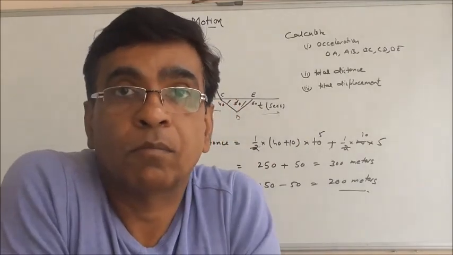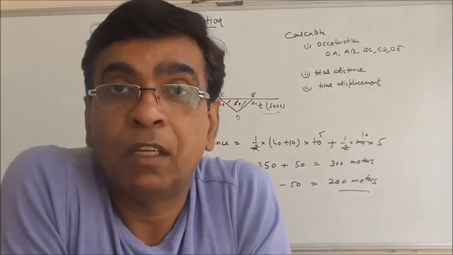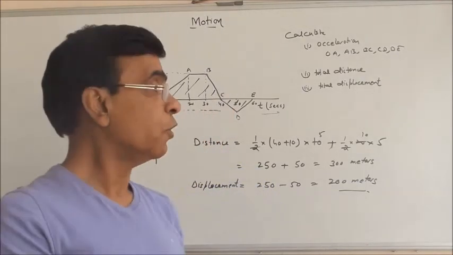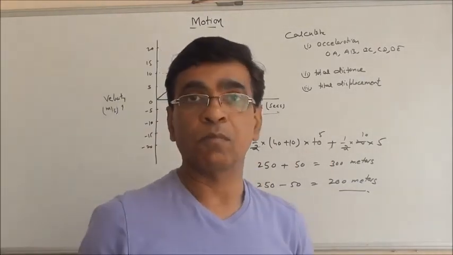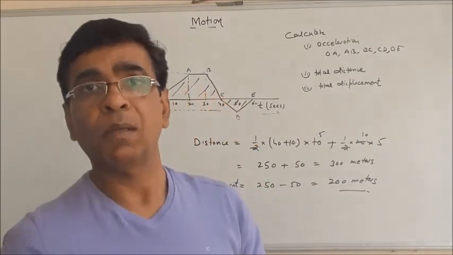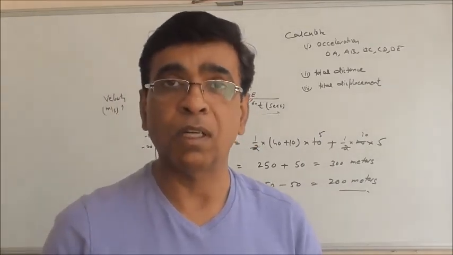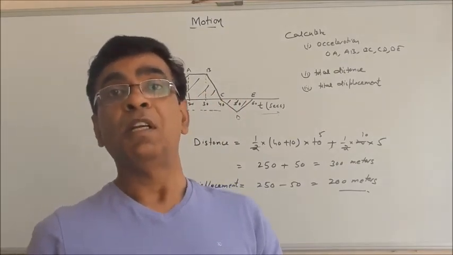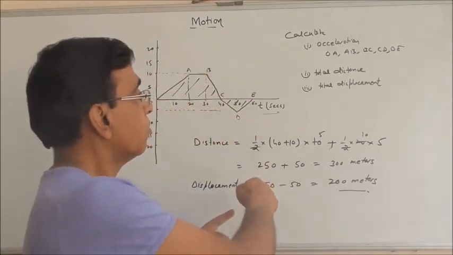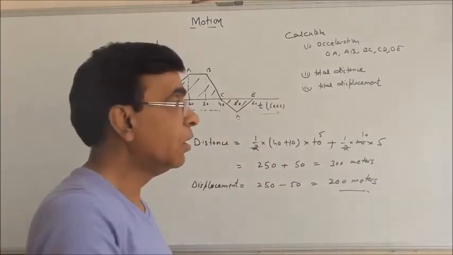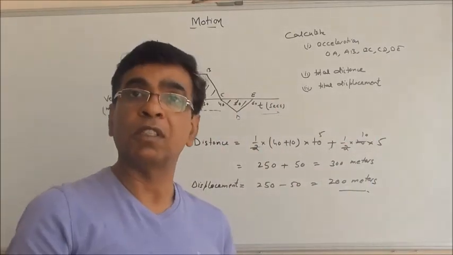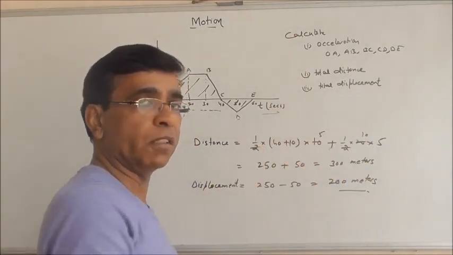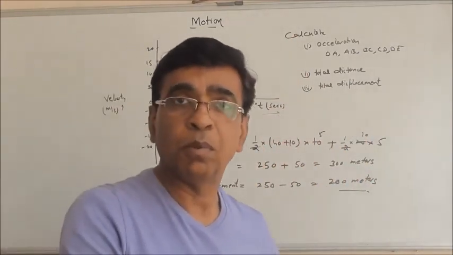Again, in a nutshell, we can plot a graph between two quantities, with time always taken on the x-axis. We have done the distance-time graph, displacement-time graph, speed-time graph and velocity-time graph. Displacement-time graph and distance-time graph are used to find out velocity and speed respectively, d2 minus d1 upon t2 minus t1, from the slope.